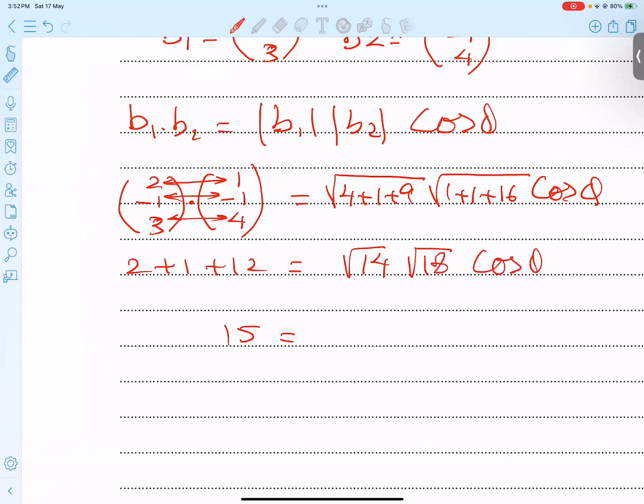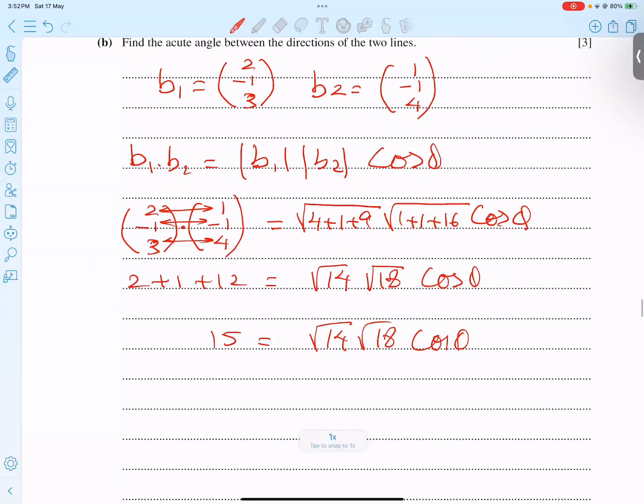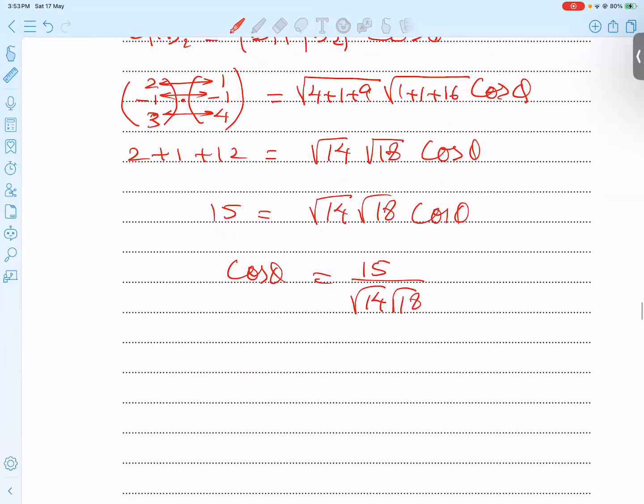And I believe the point is very, very clear up till now. Now simply algebra, and cos theta is equal to 15 divided by root 14 and root 18. And I'm going to take the inverse, I mean cosine inverse, cos inverse of the whole thing.